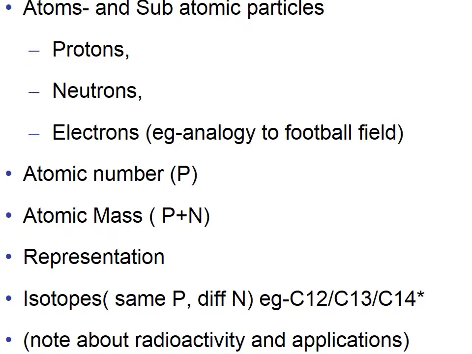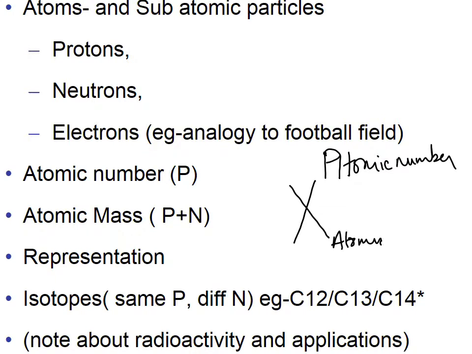And the way it is represented is, if I have an element, say an element X, in most of the books, the way it is written is, on the top you have the atomic number, and on the bottom you have the atomic weight.